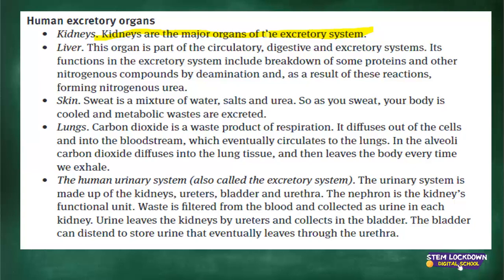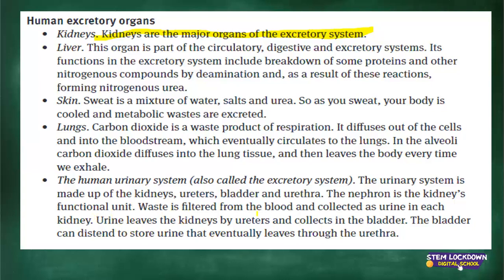So all of these play different roles. The urethra is the one that transports the urine from the bladder when you're excreting it. But the other ones there, the nephron is the functional unit, and waste is filtered from the blood. The extra salts, urea, and water are collected from the blood. It is then collected as urine and stored in the kidneys, where it's cleaned and processed.